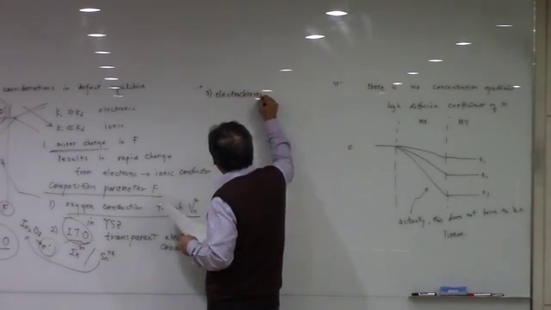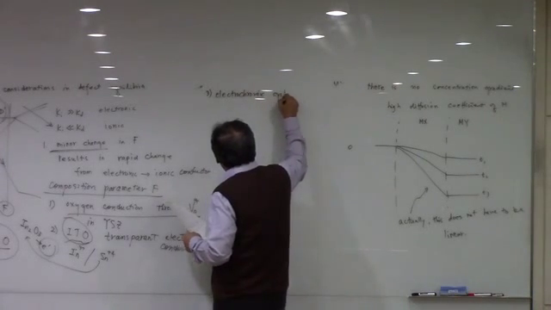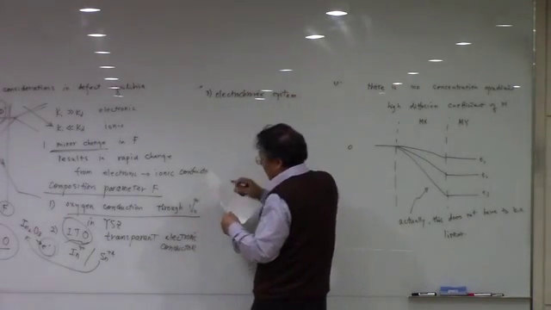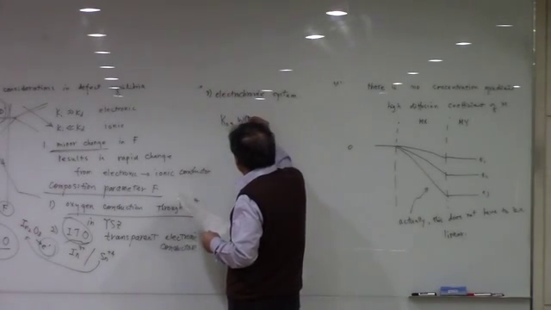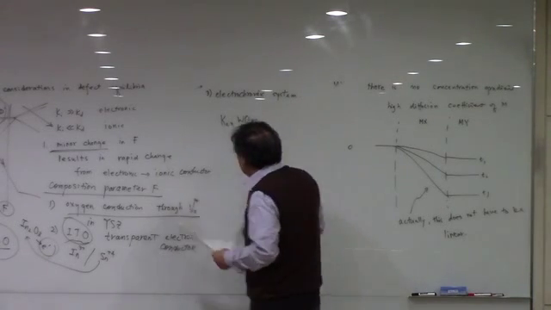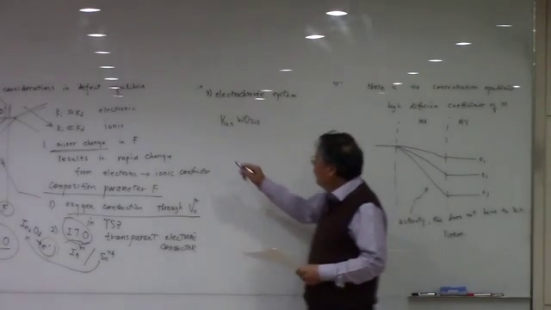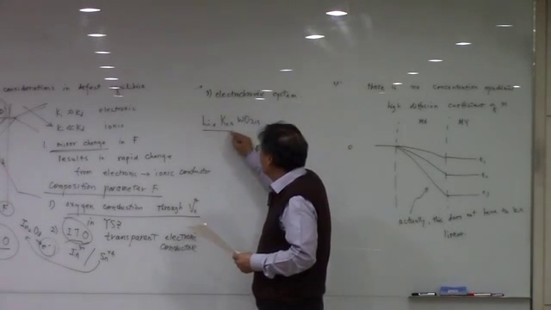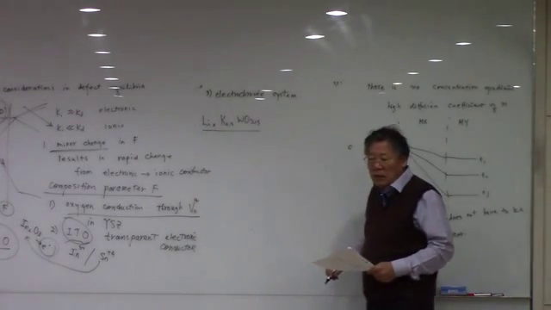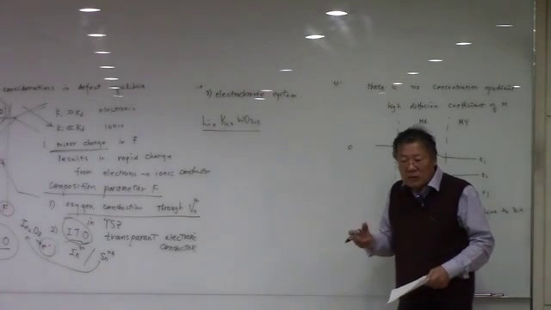Electrochromic system. For example, lithium tungsten oxide. If you insert the lithium into this, then it's going to be colored.